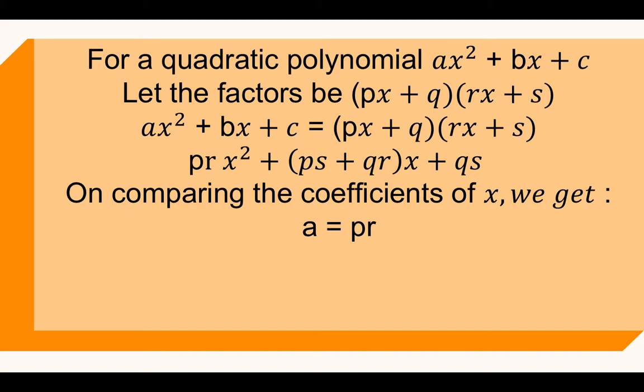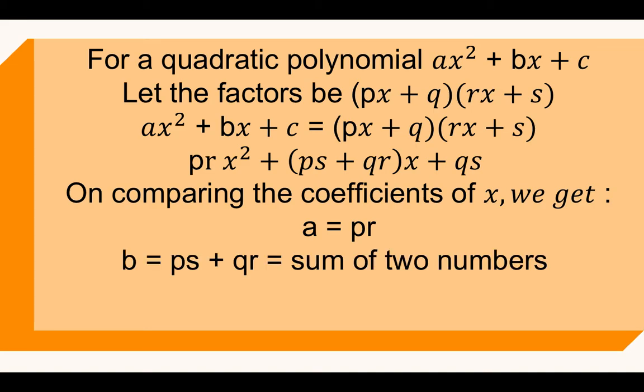That means the value of a is equal to the value of pr and the value of b is equal to ps plus qr, because this is the coefficient of x over here. So b, the middle term of the quadratic equation, is the sum of two numbers. Now what is the value of c? c is equal to qs. This means it is the product of two numbers.